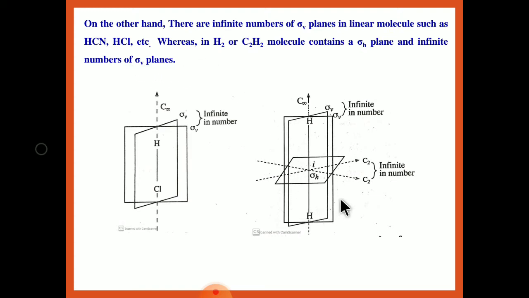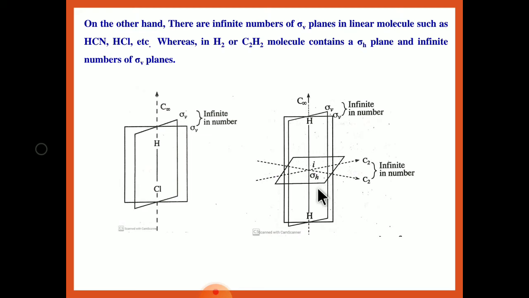Now see here, this is the example of the H2 molecule, which possesses one sigma h, that is the horizontal plane, and an infinite number of vertical planes. Two are shown here, sigma v and sigma v dash. So these are infinite in number, and the axis is the C infinity axis.